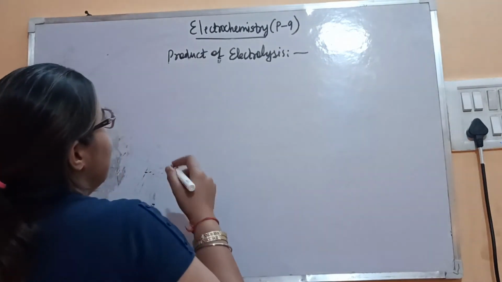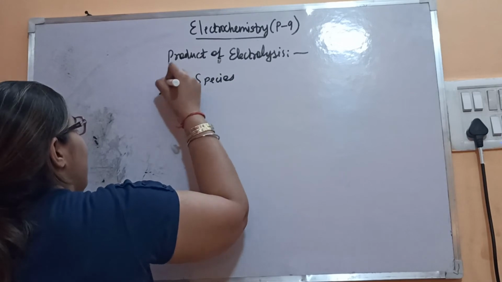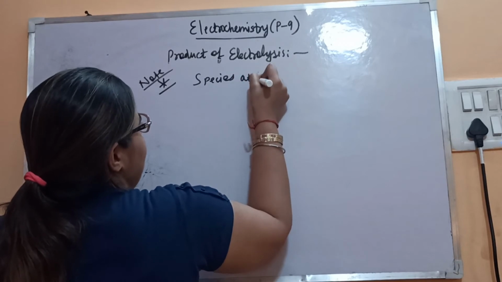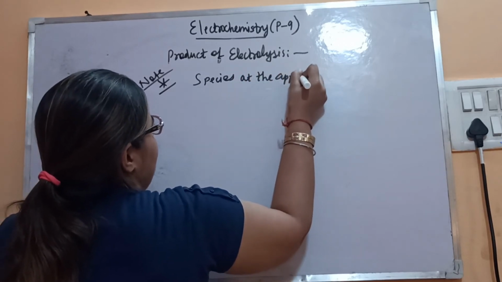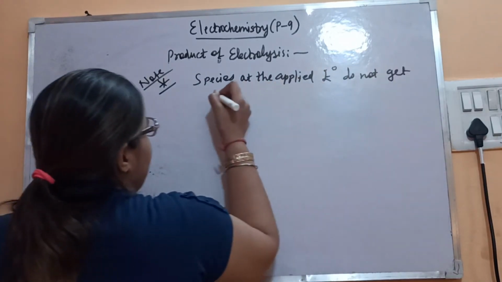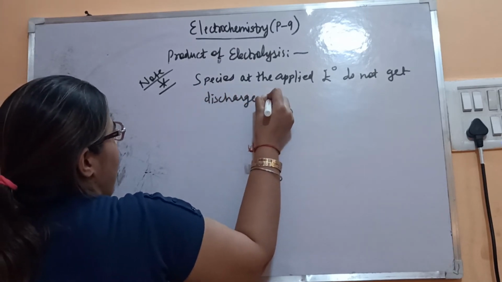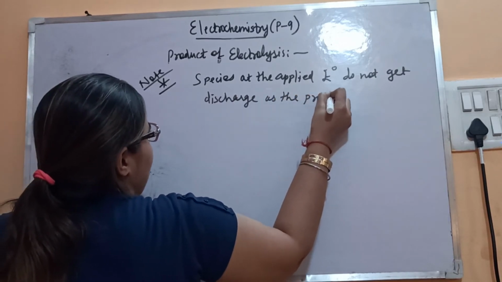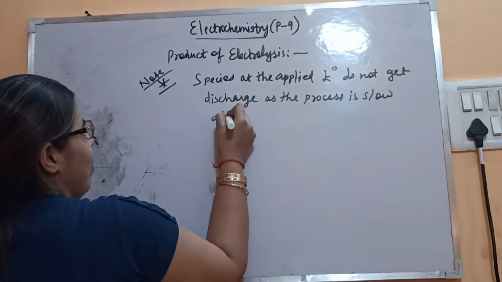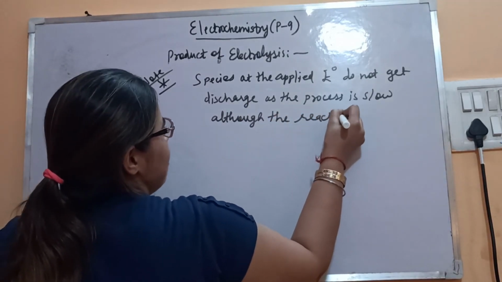You can note it down as a note point: species at the applied E0 do not get discharged as the process is slow. Okay, the process is slow, although the reaction is feasible.